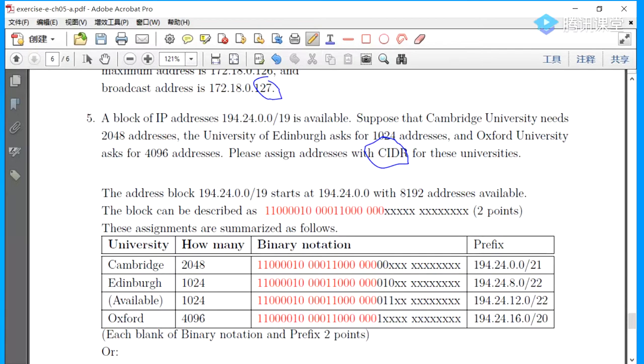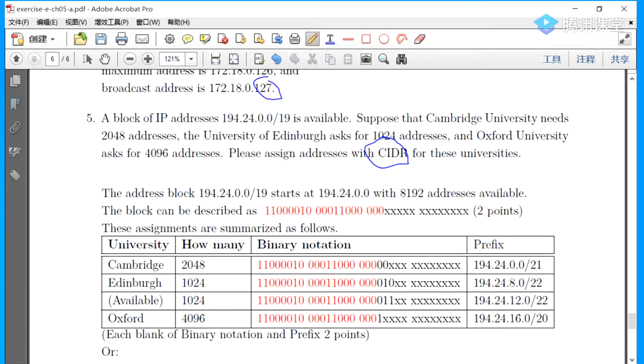Suppose that 3 universities applied for addresses from this IP address block. Cambridge University needs about 2,000 addresses, Edinburgh University is asking for 1,000 addresses, and Oxford University asks for 4,000 addresses.